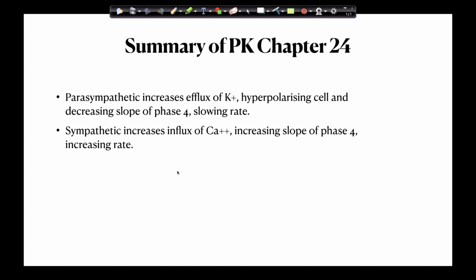Now, we're going to talk about the parasympathetic and sympathetic because that's what the examiners wanted. The parasympathetic increases efflux of potassium, hyperpolarizing the cell and decreasing the slope of phase 4, slowing the rate in the sino-atrial or atrioventricular node. And sympathetic increases the influx of calcium, increasing the slope of phase 4, increasing the rate.